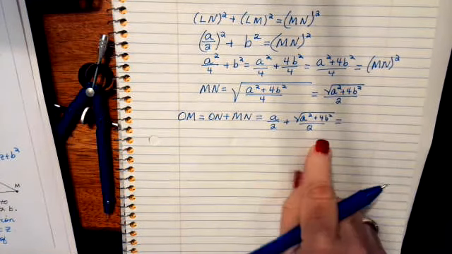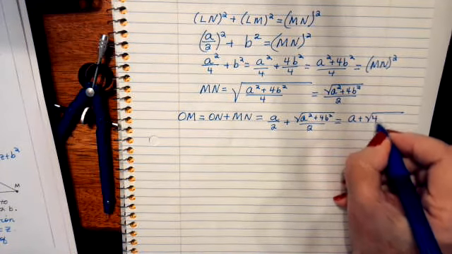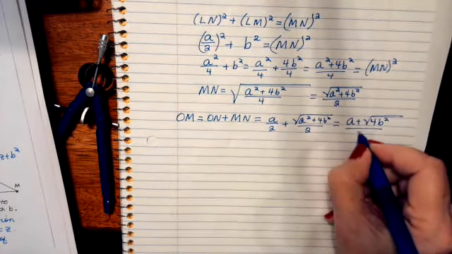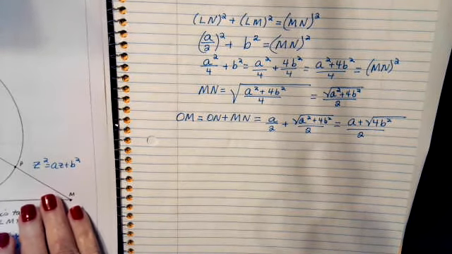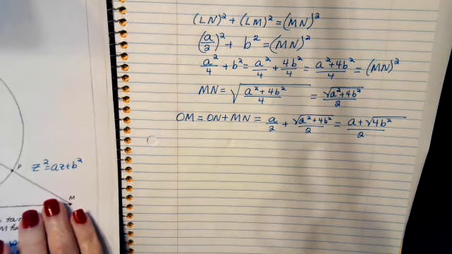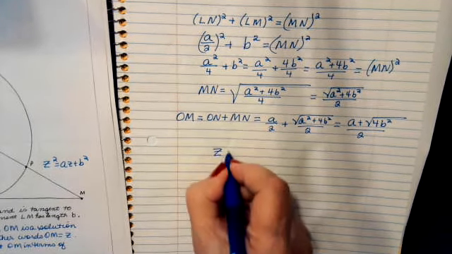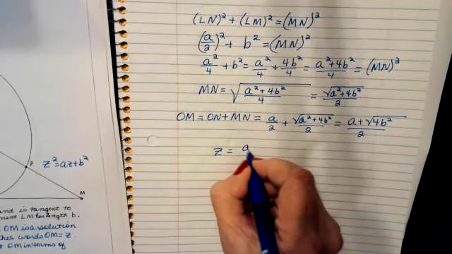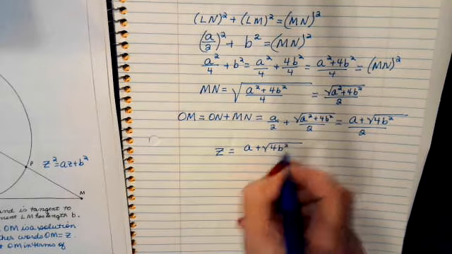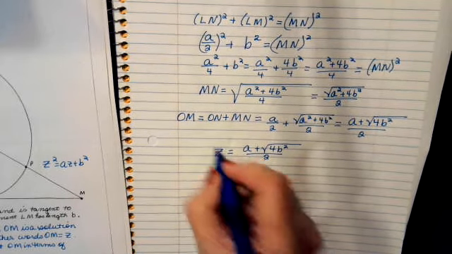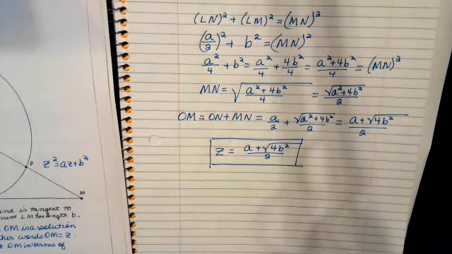And if I combine those two fractions, I've got A plus the square root of A squared plus 4B squared all over 2. That's what Z is. Z is A plus the square root of A squared plus 4B squared all over 2. This sounds a little bit like a quadratic formula, doesn't it?